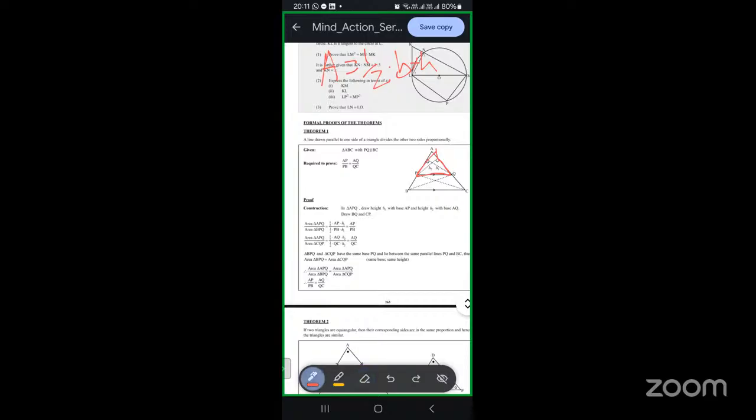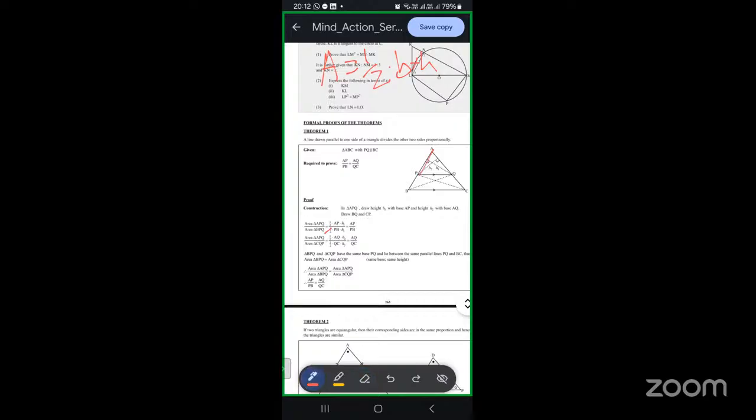A is equal to half times base times height. So we already have our half there. The base for this triangle, since we're going to focus on that other side, is going to be AQ.